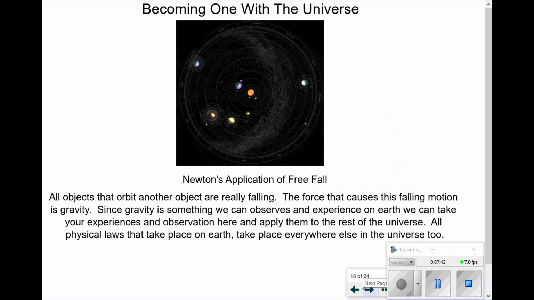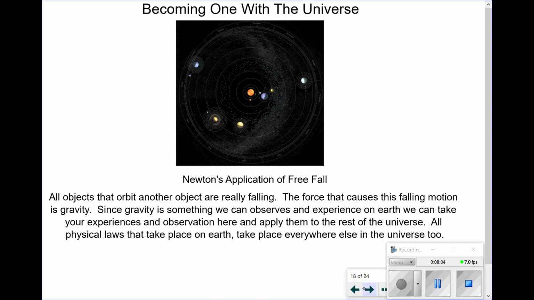Again, this means we are now one with the universe. Everything that orbits something else is really just a falling object. To understand what's going on, to do experiments, even if we cannot physically be there, can actually be mimicked then here on Earth.